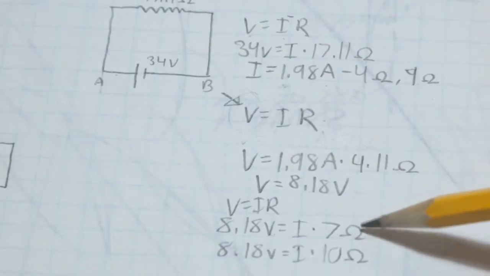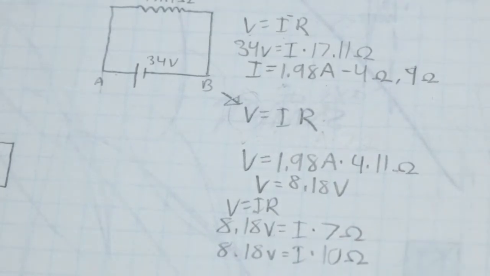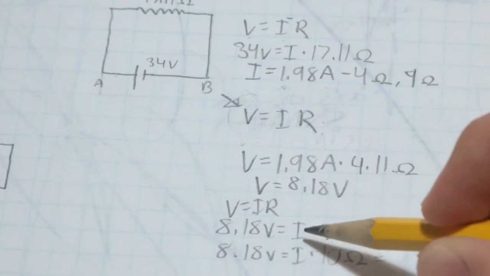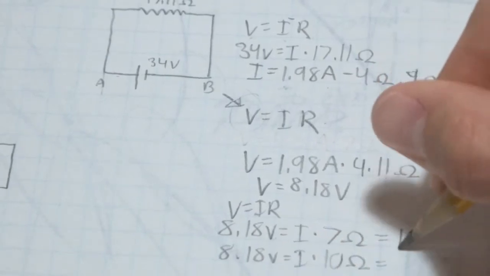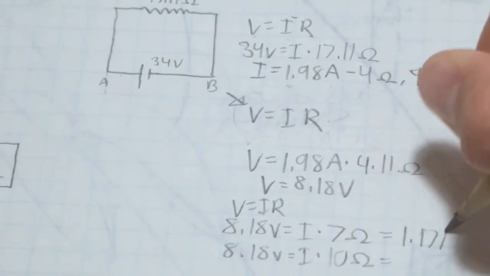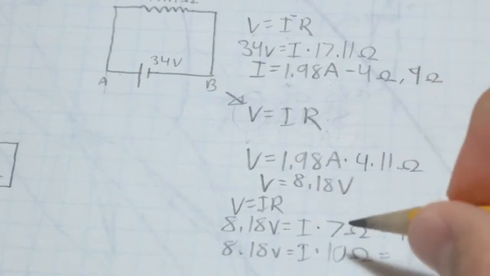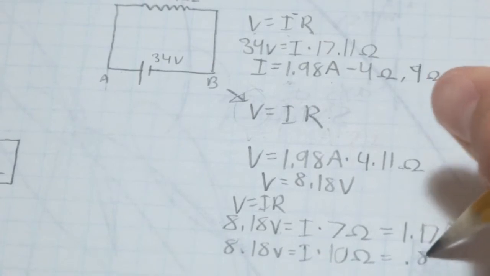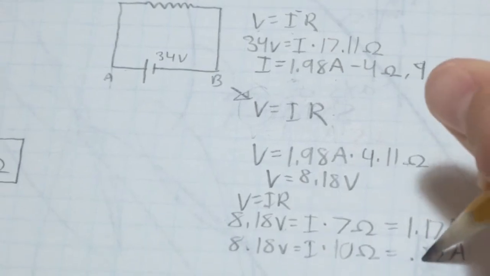So now we're treating these like individual resistors and not in parallel. So the current on this one is 1.17 amps. And the current on this one is 0.82 amps.